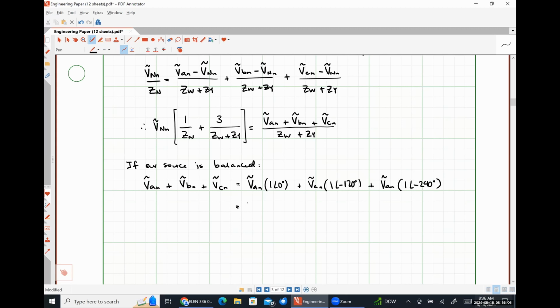So if I factor out the common term of VAN, this is going to look like 1 angle 0 plus 1 angle negative 120 plus 1 angle negative 240 degrees. So I would like for one of you guys to grab your calculator and tell me what this thing is equal to.